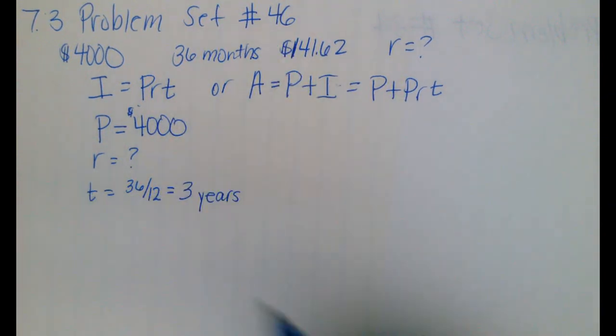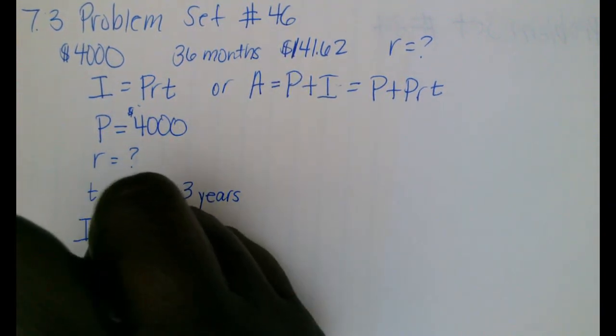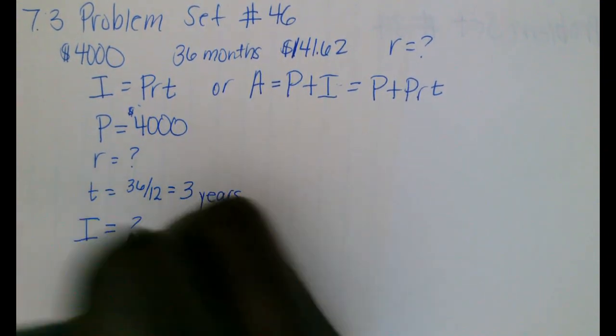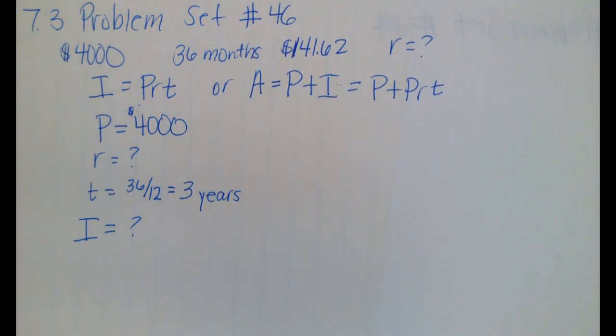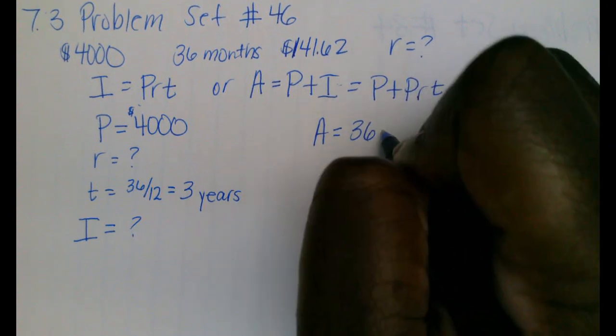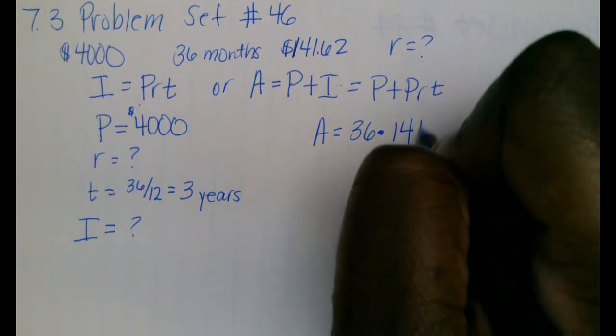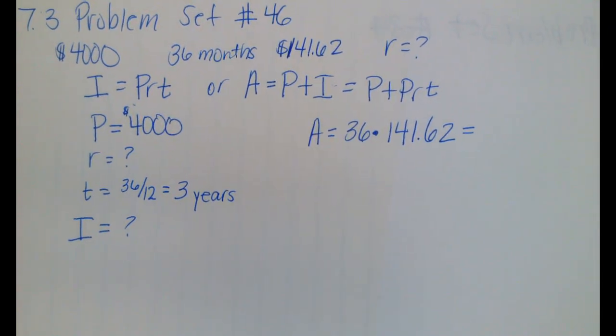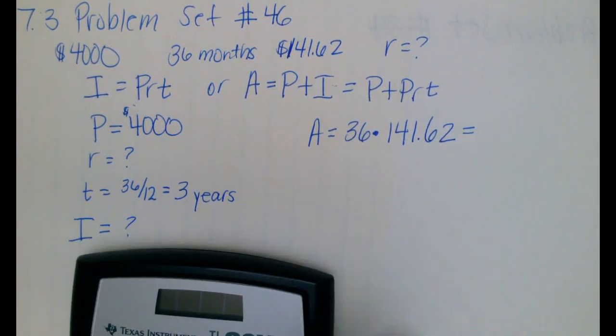And then for our I, here's how we're going to figure out what I is. Interest is what we paid over, right? Well, we can figure out how much we paid them back. We borrowed $4,000, but for 36 months we paid them $141.62, that many payments, every single month.